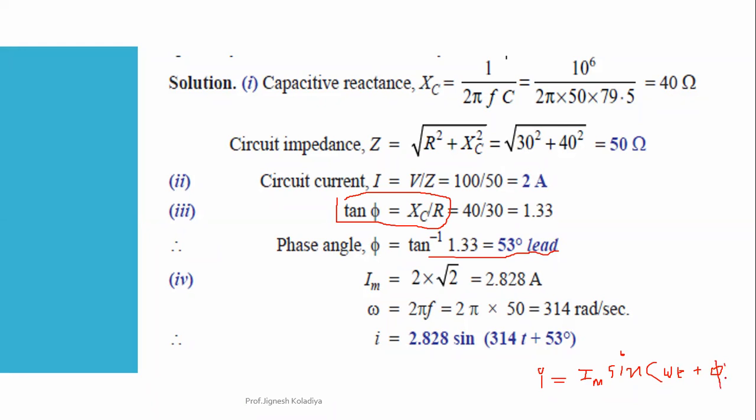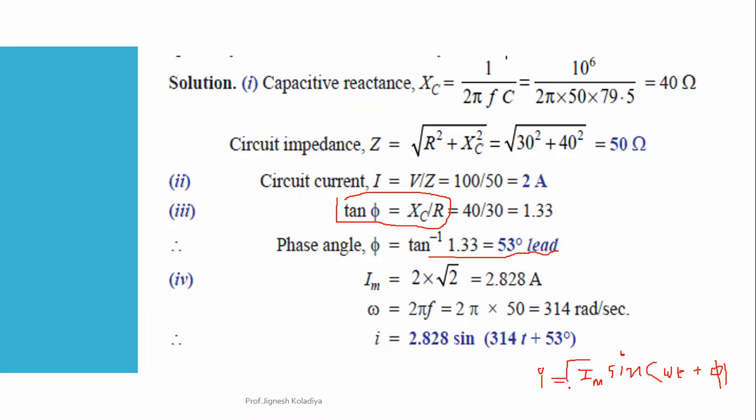The value of phi you know, and that is 53 degree. Omega is 2 pi f. So you can put 2 into 3.14 into 50. So it is 314 into t plus 53.